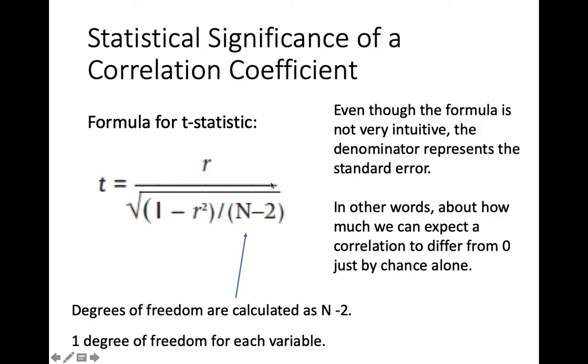One thing that I'll point out is that this part of the denominator, this n-2, reflects degrees of freedom. Again, degrees of freedom are calculated as n-2, and that's because there's 1 degree of freedom for each variable. So we had 6 participants, minus 2 is 4. We'll be able to see the influence of sample size and degrees of freedom later in this lecture in terms of how that affects the standard error and therefore the size of the t.